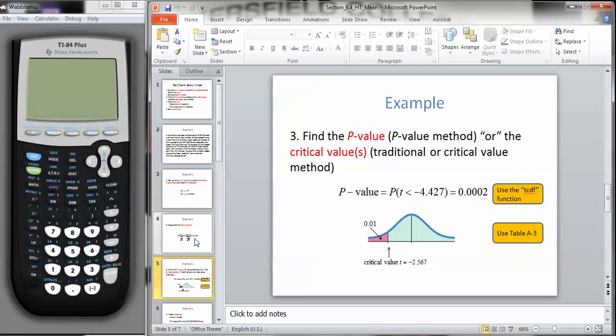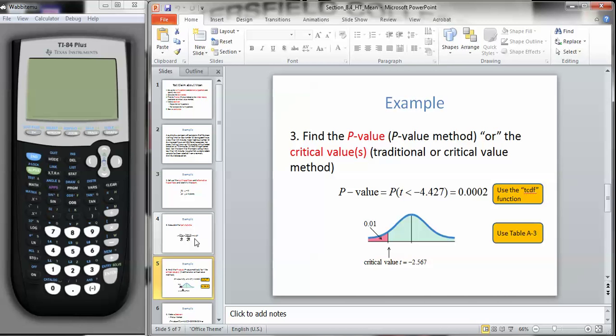Then find the p-value or the critical value. Again, in the test, I will only ask you to do one of them. But here I'd like to present both, so then you know how to do both of them. Because this is a left tail test, under the alternative hypothesis we have a less than notation.